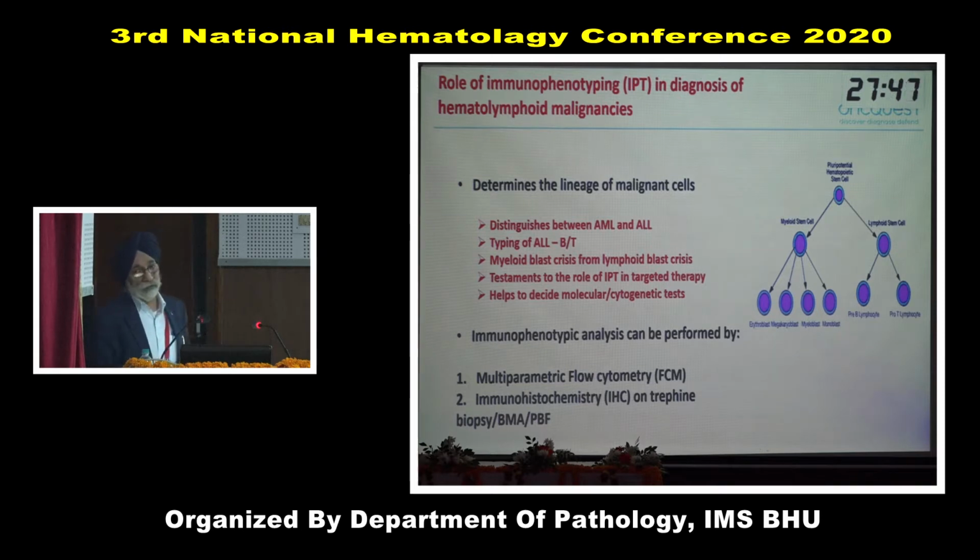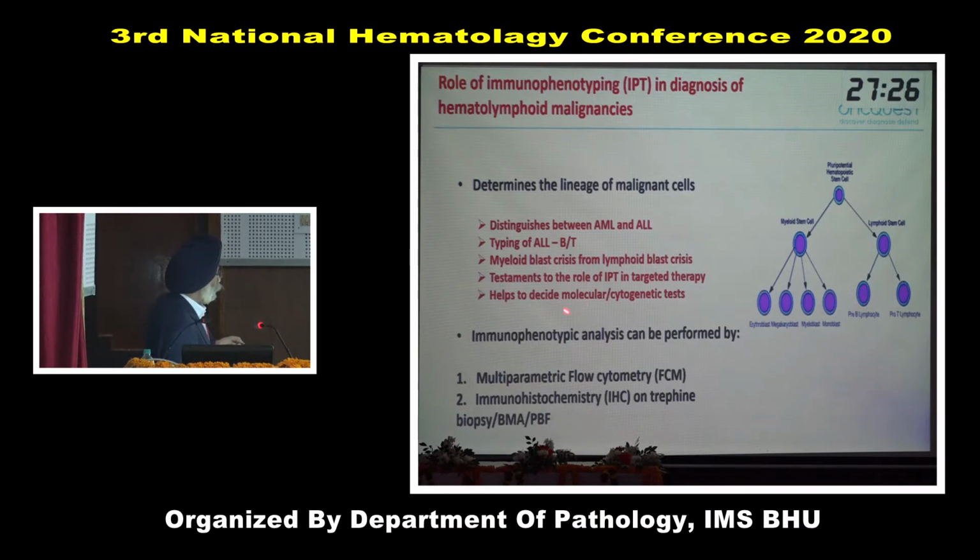Now we know that immunophenotyping is essential because we are slowly getting drugs which have a target. Like rituximab, which is effective against CD20 positive cells, and therefore very useful in non-Hodgkin's lymphomas.